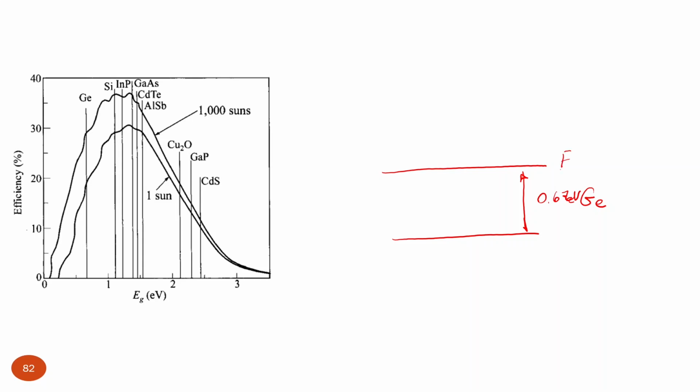So this is EC, this is EV. Now we absorb some photon h nu with energy, let's say, 1 electron volt. So that is the energy which came to us.